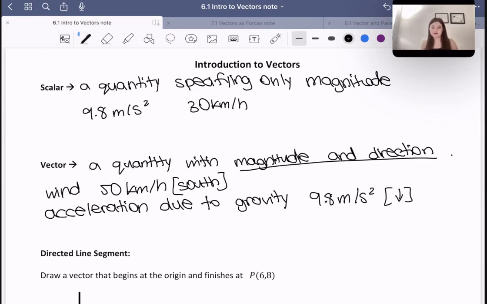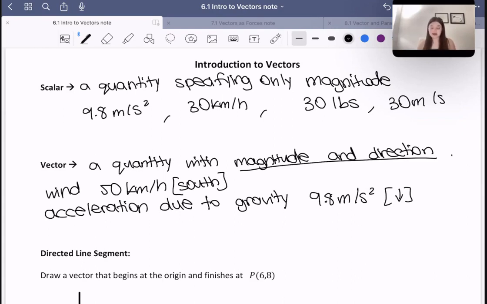What's another example? 30 pounds. That doesn't really have a direction to it. In fact, weight often doesn't. It's just how much an item or a person weighs. Or how about 30 meters per second? Same kind of thing. We don't know which direction we're going with that 30 meters a second.